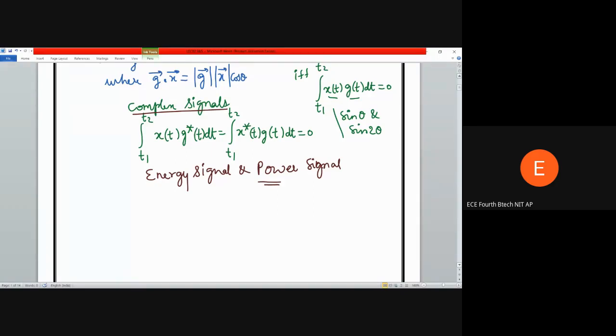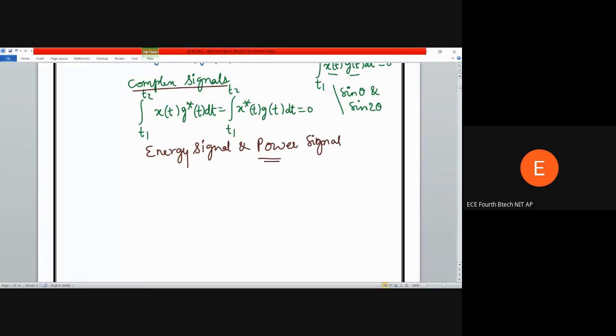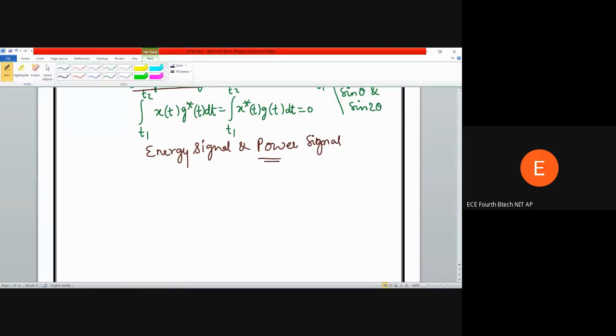How will it be if I would like to calculate the energy of two orthogonal signals, in other words, the magnitude of the sum of two orthogonal vectors? This is very simple. You might know this very well, but I will try to make it mathematical in a very systematic way.